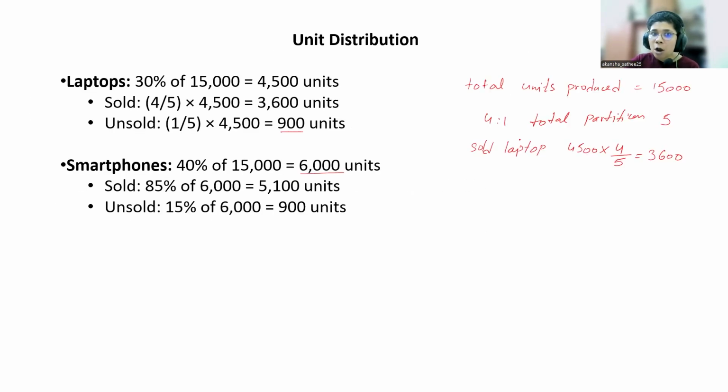So total they are producing 6,000. Now, 85% of 6,000 is sold. So what do you have to compute? Sold smartphones are 85% of 6,000. That is nothing but 5,100. So these many units are sold and 15% remaining are unsold. Okay.